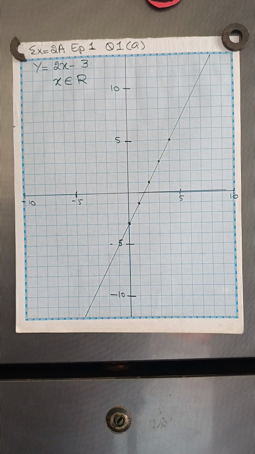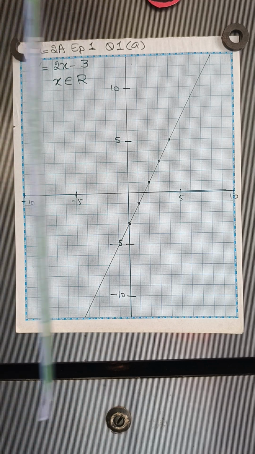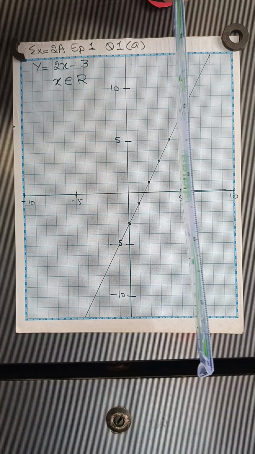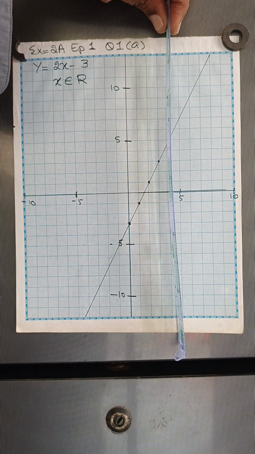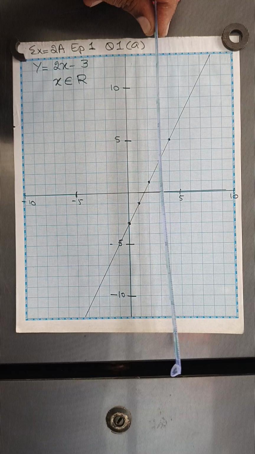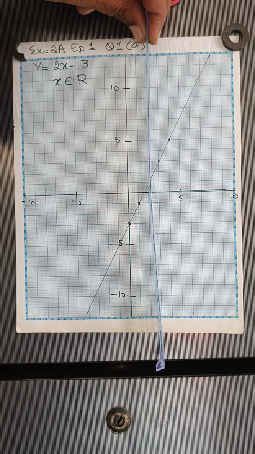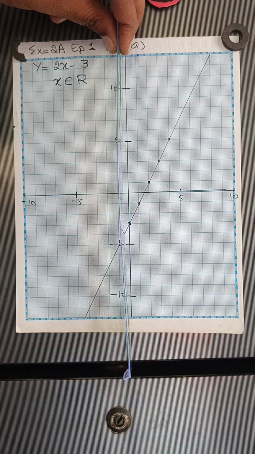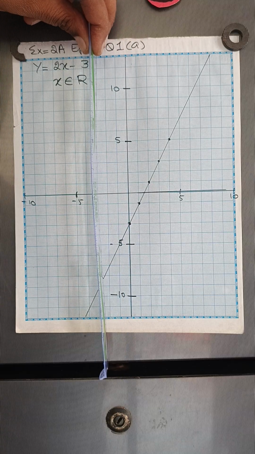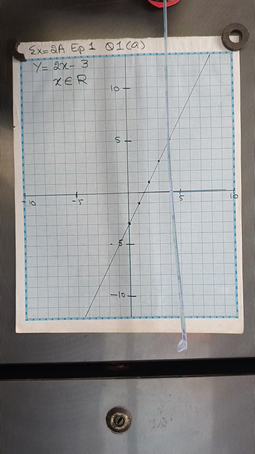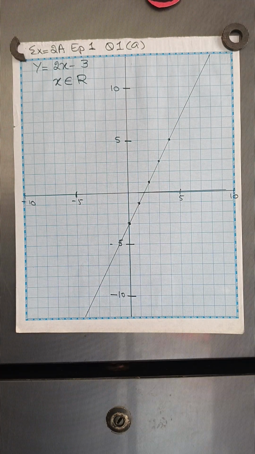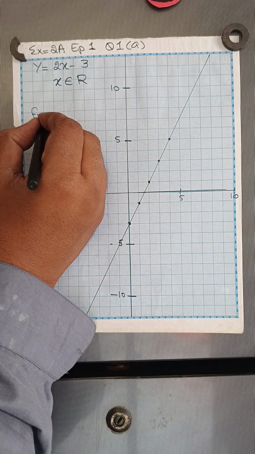If you have drawn the graph, then you do the vertical line test. You put your scale like this. If it touches your graph once, it's a function, and it's a one-one function. You can see wherever I put my vertical scale, it touched the graph only once. So that means this is a function.